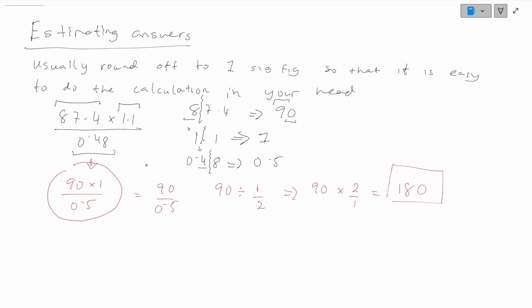So this is not exactly what 87.4 times 1.1 over 0.48 is, but it's an approximation of it. And if you check, 87.4 times 1.1 divided by 0.48 is equal to 200.29 roughly, if you find the exact value from your calculator, which is close enough to our approximation of 180.